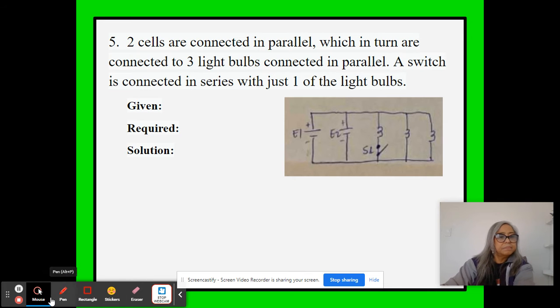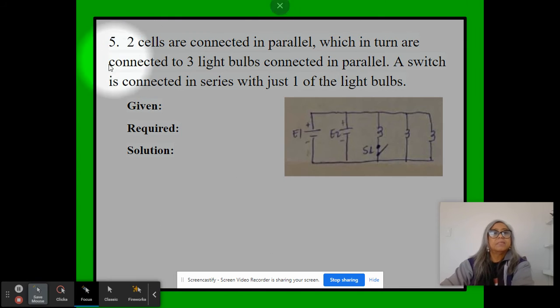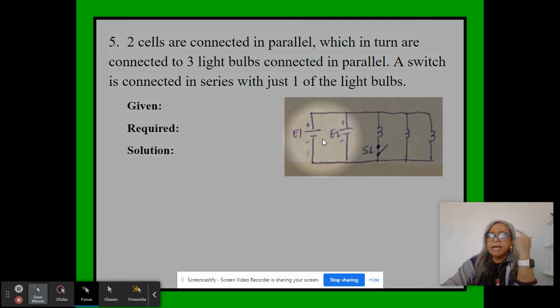So two cells, where are our two cells? Connected in parallel. With parallel, just have in your mind an idea of breaking up the rectangle into n number of parts. So I have here two cells in parallel, which in turn are connected to three light bulbs connected in parallel.